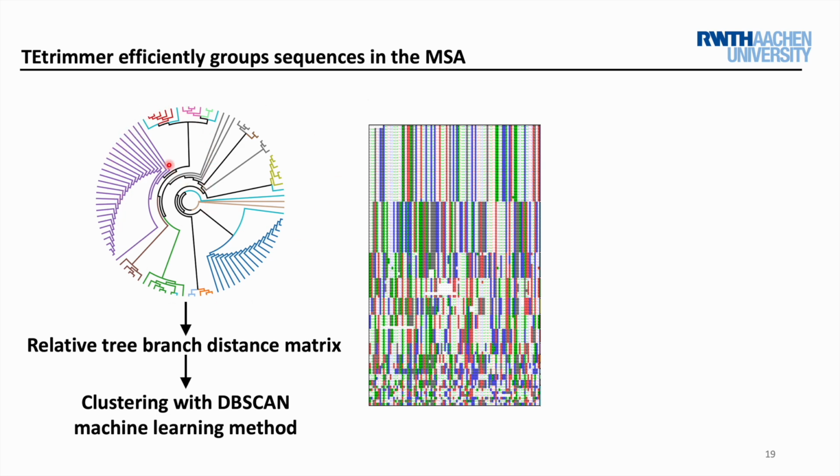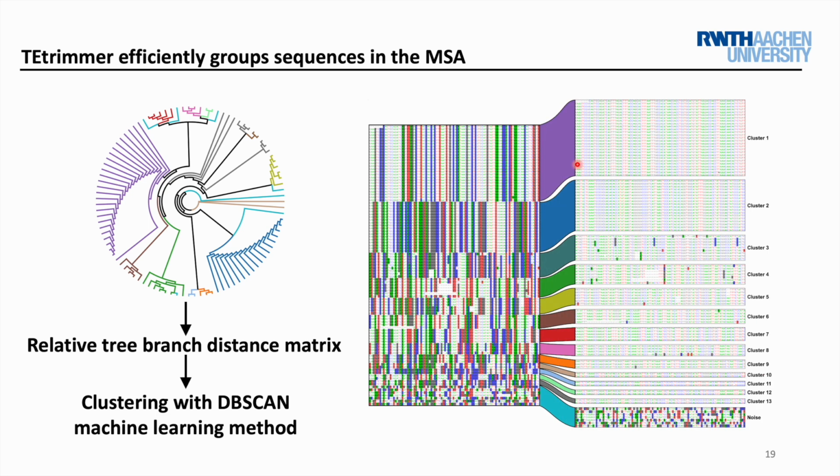After that, it will calculate the relative branch distance among each pair of these sequences and generate a distance matrix. Then the distance matrix will be the input for DBSCAN to cluster these multiple sequence alignments. Here you can see the results. It can do this task very efficiently.